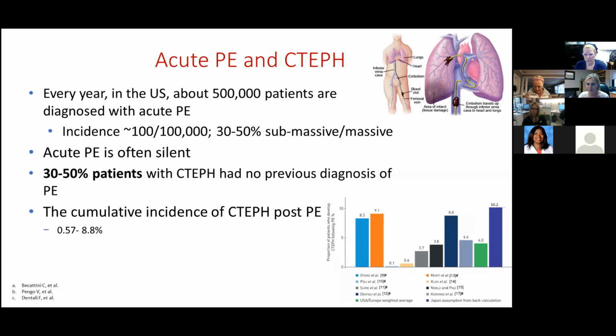So if you sort of combine all of the studies together, and there are not a lot of patients in those studies, we settled on a number somewhere between 2 to 3%. So if you have a PE at the two-year mark, especially if you have symptoms, the incidence of CTEPH is about 2 to 3%.